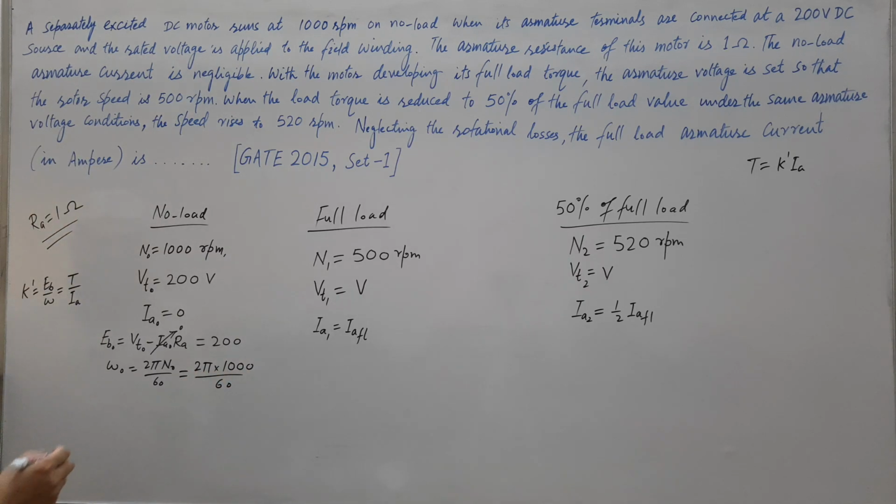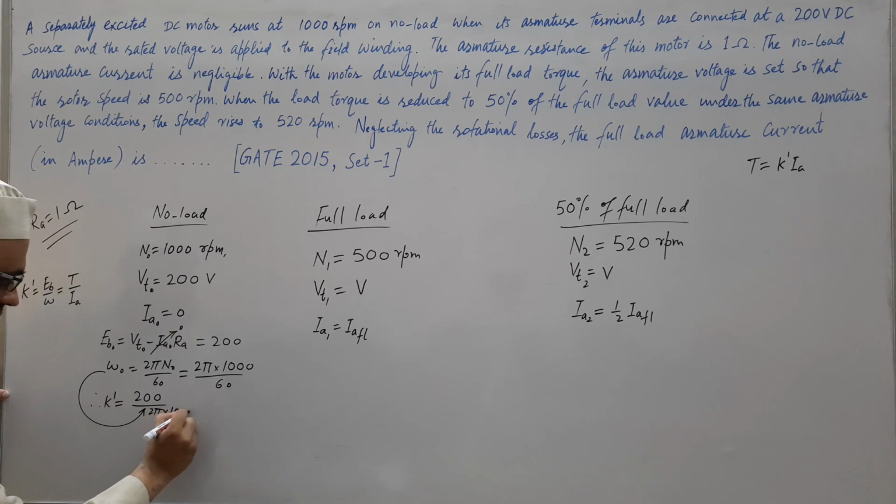Therefore, K dash can be obtained as EB0, 200, by omega 0, right? Substitute here omega 0. So this will be how much? 200 by 2 pi into 1000 by 60, right?